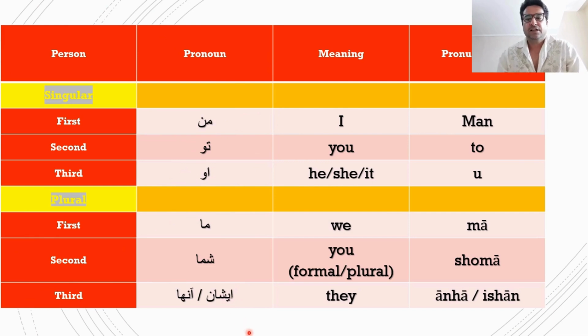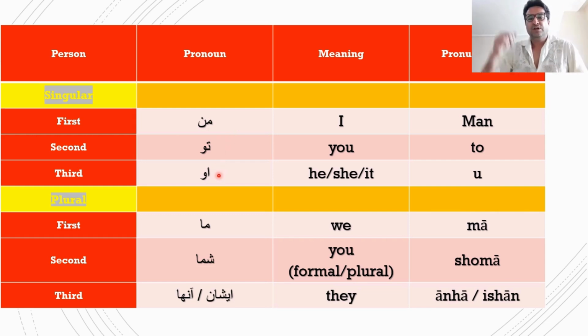Okay, so here we have got pronoun, meaning, and pronunciation. So for singular persons, first you might know from before man, that is in English I, and this is the transliteration. So man, to, so to as a singular person, u.